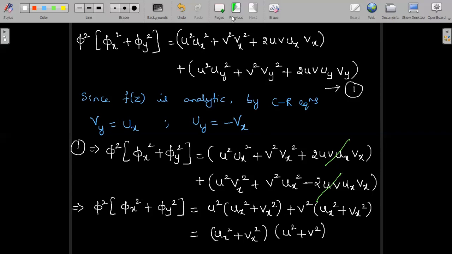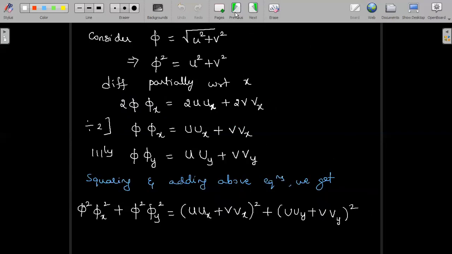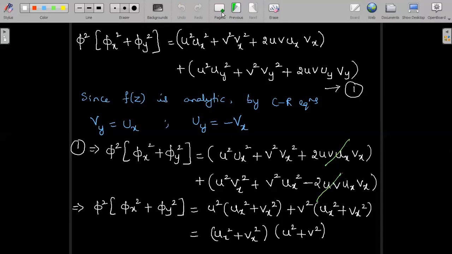But let us recall what u square plus v square is. Recall u square plus v square is nothing but phi square. Phi is the square root of, and phi square is u square plus v square. So we are able to use that in the right hand side and rewrite the expression as left hand side phi square into phix square plus phiy square as it is.